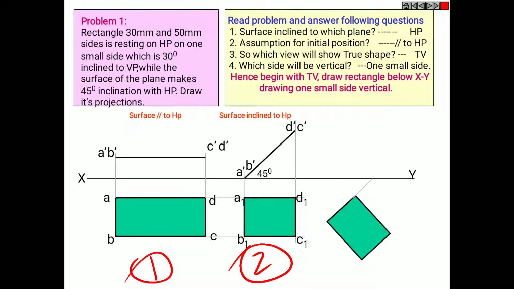See, the same figure has turned by 30 degrees inclination to VP, which is drawn in HP, with the side inclined to VP at 30 degrees. The same diagram has turned over here.